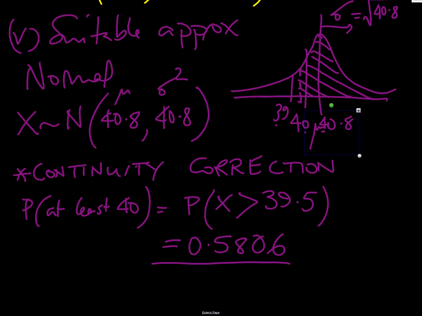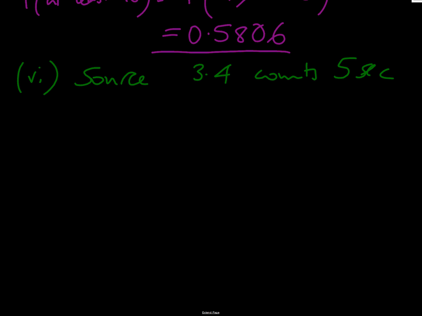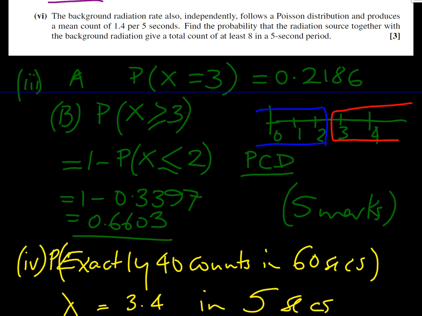The last thing they can change is by combining distributions. So what have they said to us here? We've got our source here, didn't we? Source has got radiation count of 3.4 counts per 5 seconds, wasn't it? And they've now asked us, let's go back to the question, the background radiation rate also independently follows a Poisson, which produces a mean count rate of 1.4 per 5 seconds.